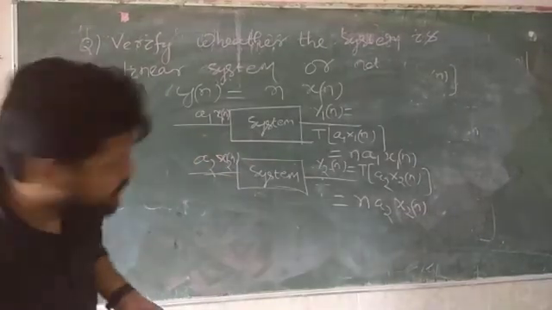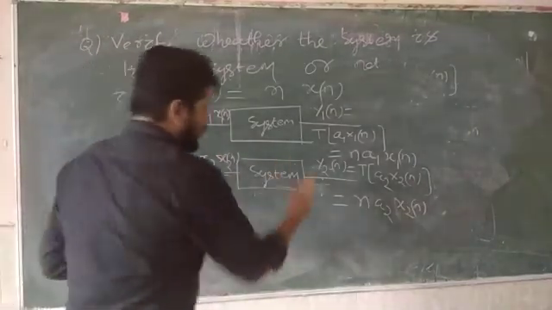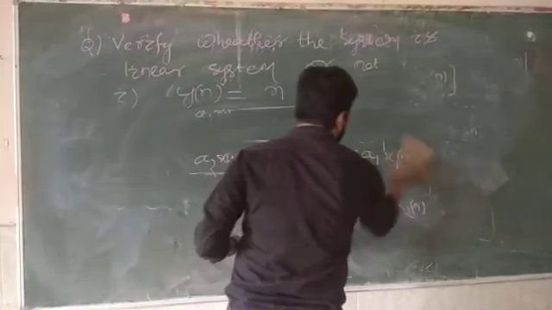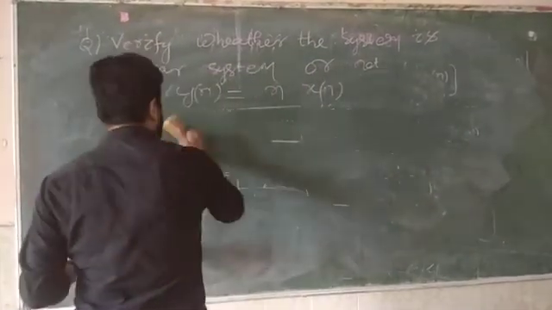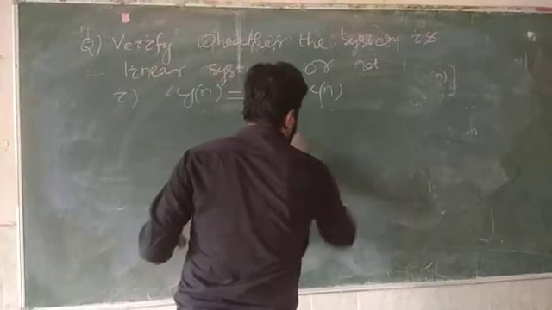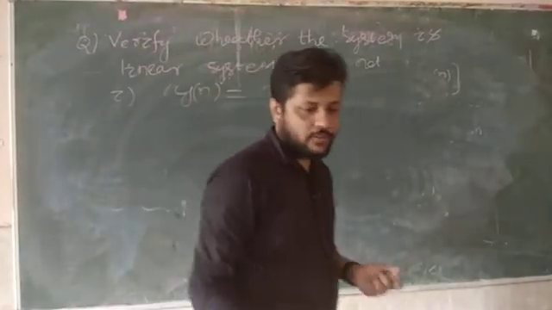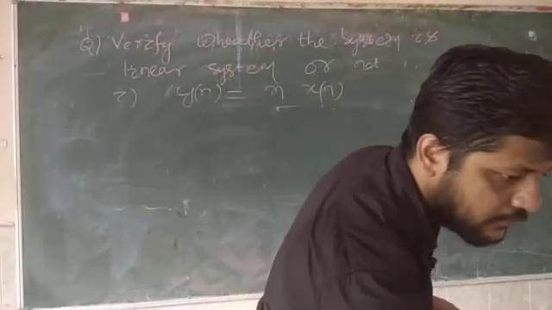So now you can see here. Now we have to take the sum. So how to write the sum? Individually we are applying two signals, x1n and x2n, and we are getting the results.